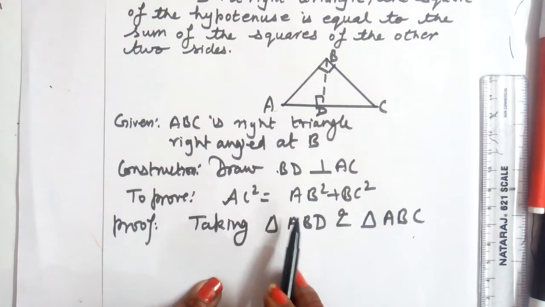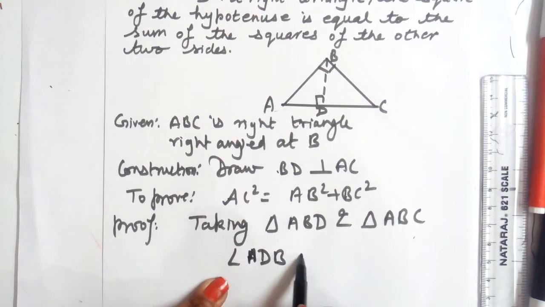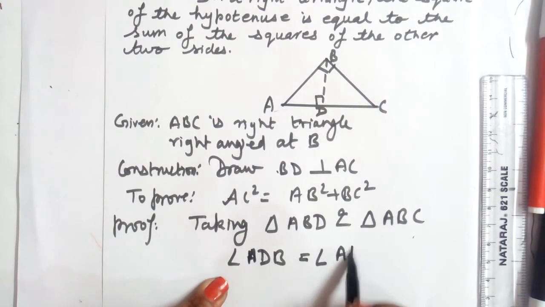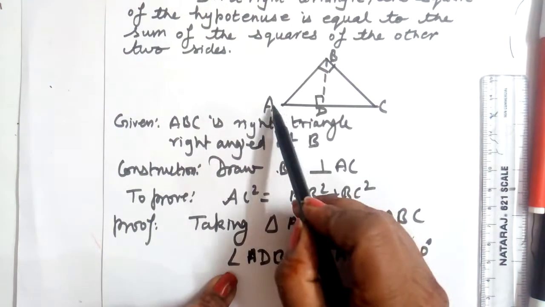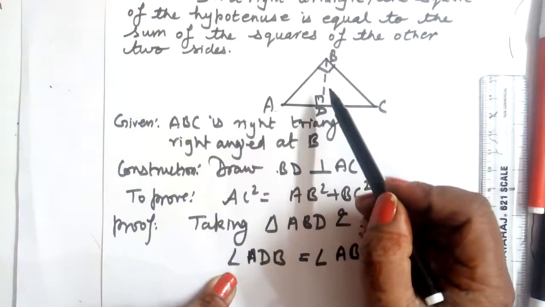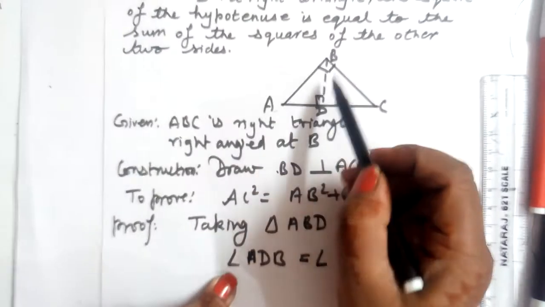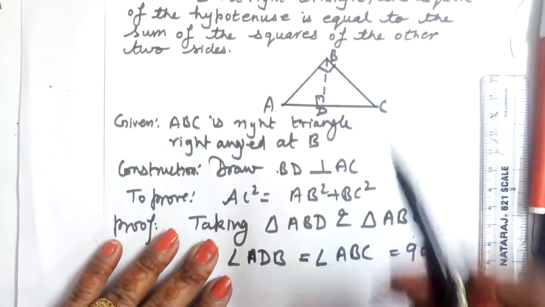If we see in the triangle ABD and ABC, we can see here angle ADB is equal to angle ABC is equal to 90 degree. Okay, this angle of the triangle ADB, and in the bigger triangle ABC, angle B is of 90 degree.